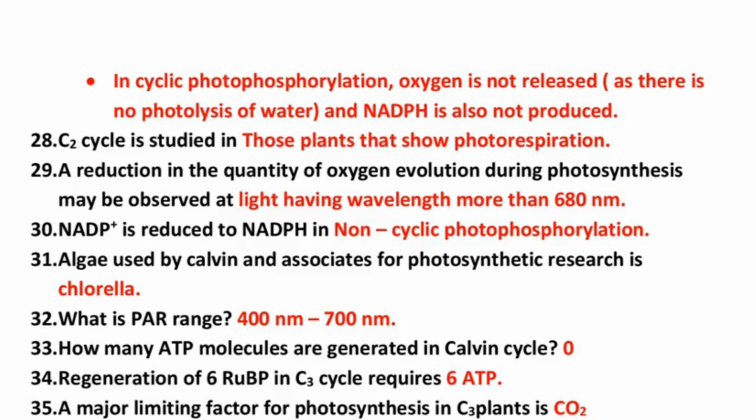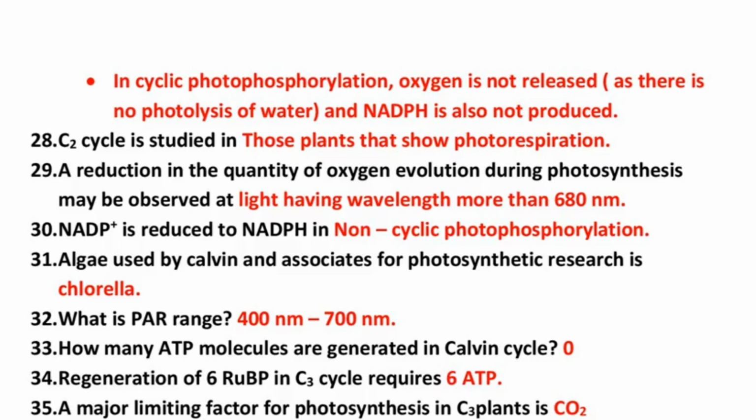NADP plus is reduced to NADPH in non-cyclic photophosphorylation. 31. Algae used by Calvin and associates for photosynthetic research is Chlorella. 32. What is PAR range? 400 nanometer to 700 nanometer.